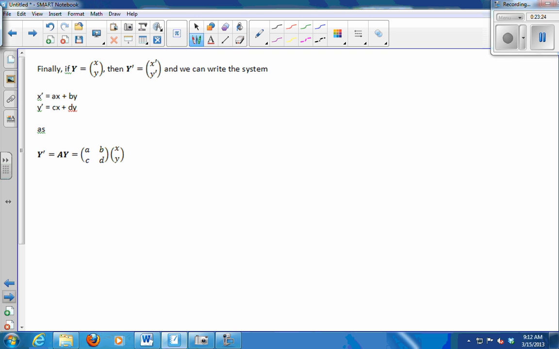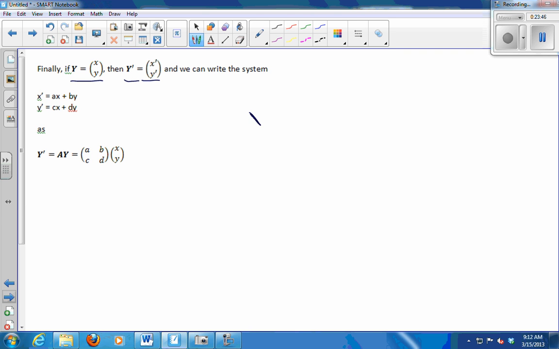All right, so that means I can rewrite the system as A times Y. Y is the column vector of dependent variables x, y. That means bold Y prime is a column vector of the derivatives of the dependent variables, x prime, y prime.